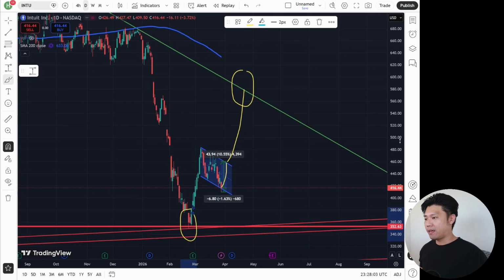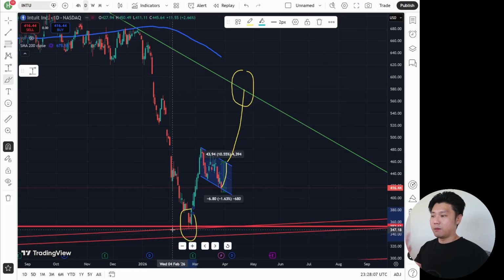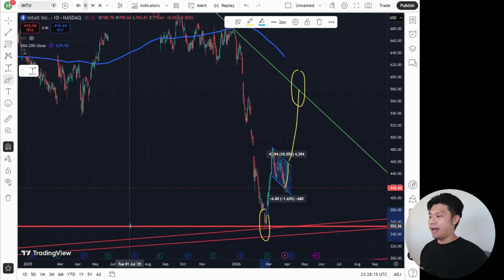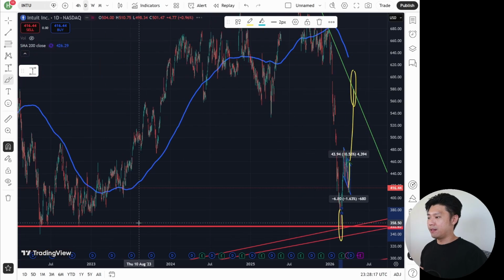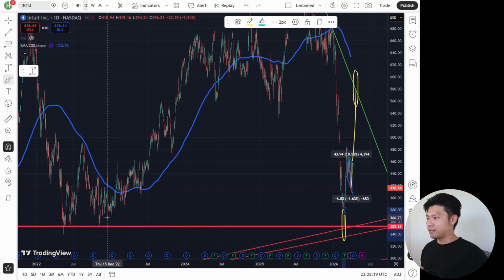If you look carefully, there are not one but two support indicators. There is this horizontal line, and there is also this upward slope. If we look at the history, this is tagging all the way back in 2022, not one time but twice. It actually tried to pierce down, but it didn't happen.